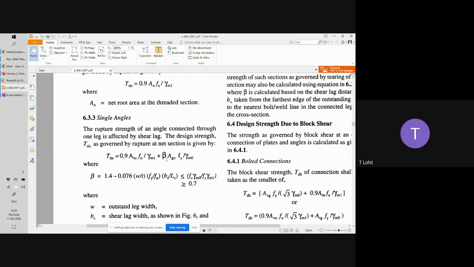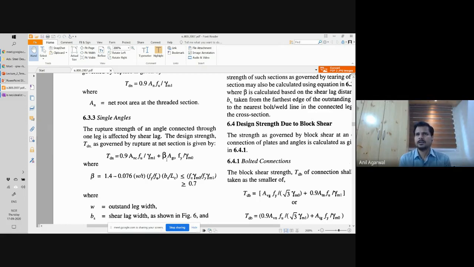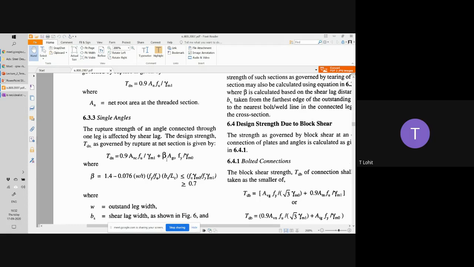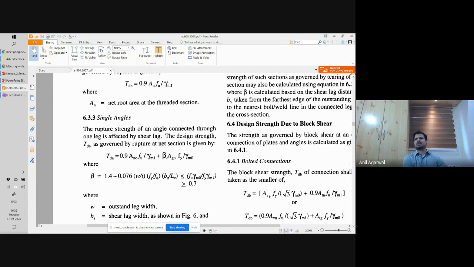I don't know. Yeah, I mean, that's what exactly I had told before, but it does not quite explain why they are considering yielding for the other leg, the outstanding leg. Because the unconnected leg, the holes are not there in the unconnected leg, sir. Holes are there only in the connected leg. But the net section has to rupture, right?